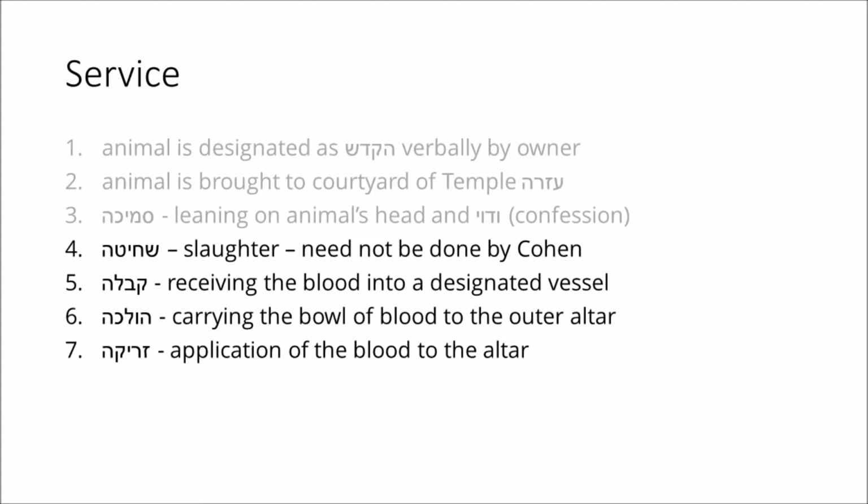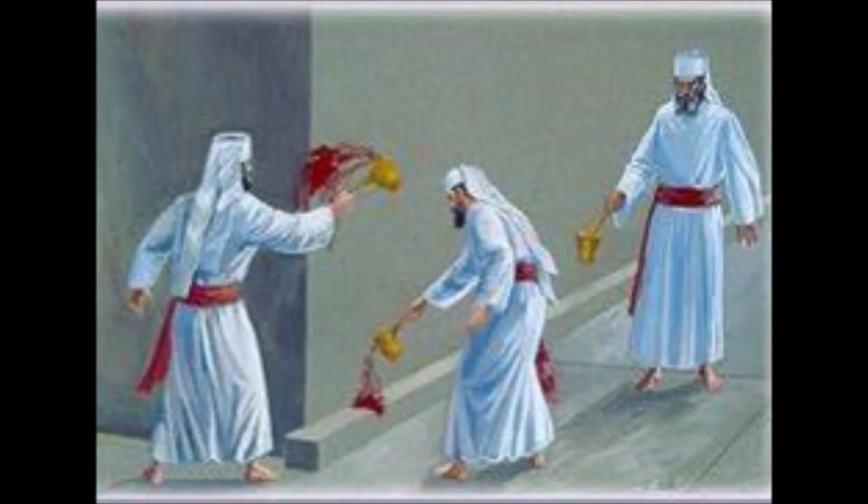And that process is called zerika, which literally means sprinkling. Now that is the critical part of the avodah, of the service for this particular offering, and that absolutely had to be done by a Kohen. And once that had been done, that marked a main milestone in the bringing of the offering.